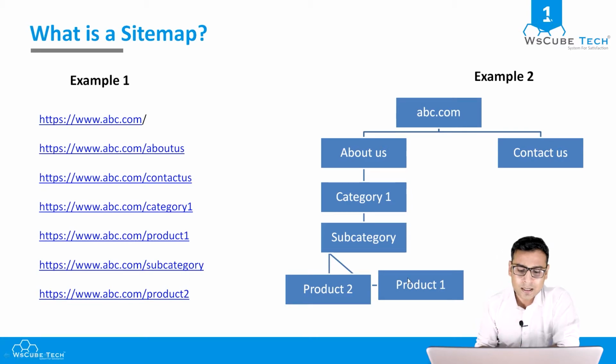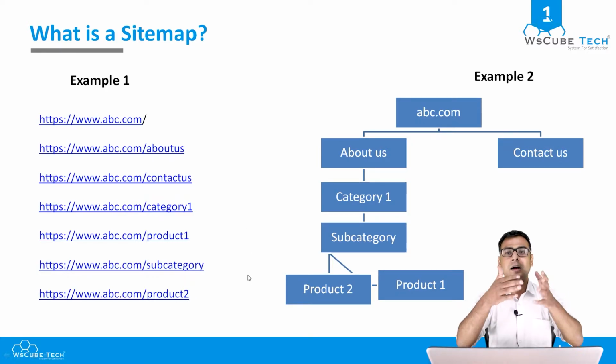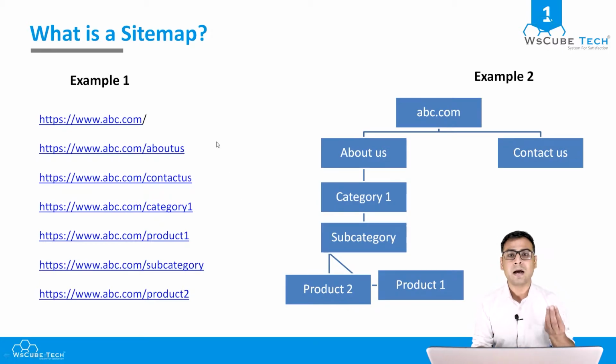So here we can say that the relation between these two pages, product 1 and product 2, is that these two products are directly related to the subcategory. But in example 1, you cannot identify whether your product 1 or product 2 page is directly related to the subcategory or not. It's just a list. There is basically a list of your website URLs, so no proper structure is here.